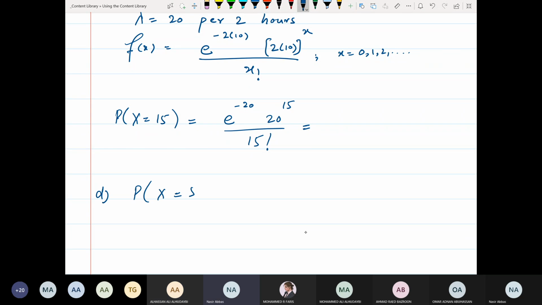Probability of x equals 5 per 30 minutes. This is required. Again, you need lambda per 30 minutes.